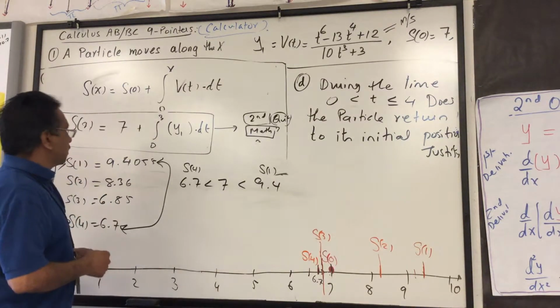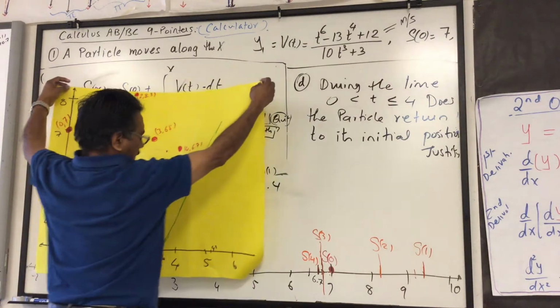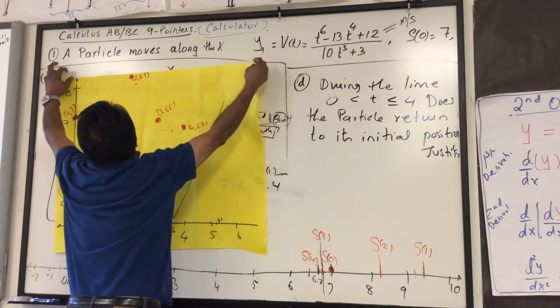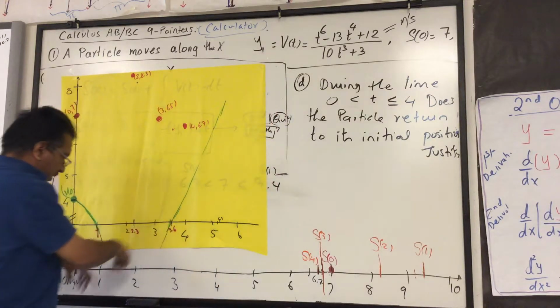Now what I try to do is make sense out of it. I try to sketch the whole thing. On the graphing calculator, if you graph the velocity function, this is the graph it will look like.